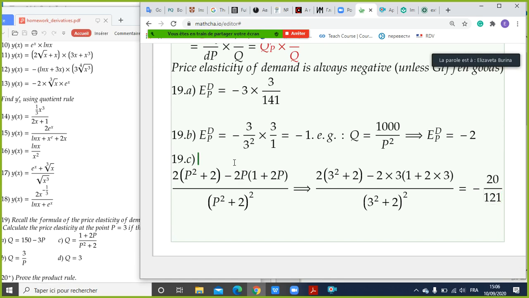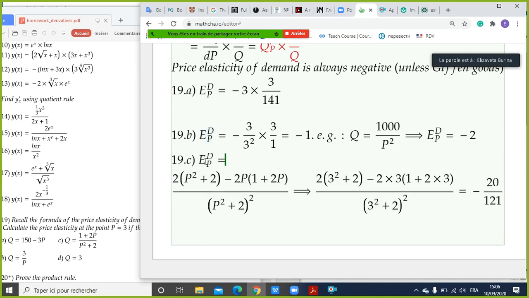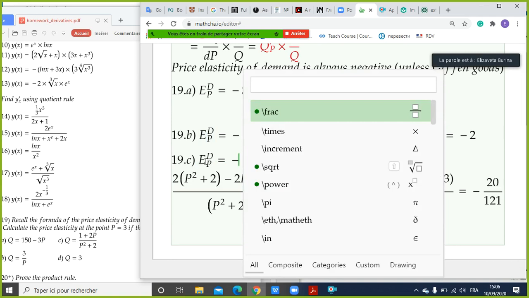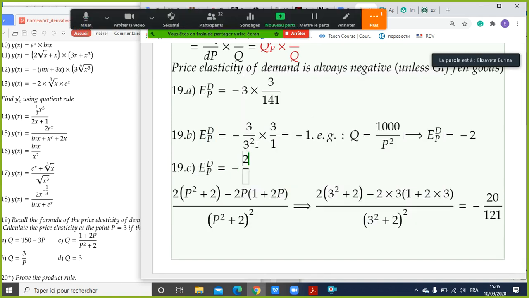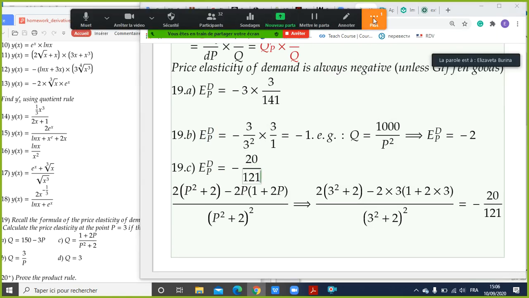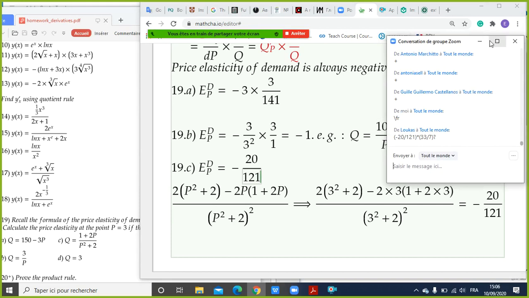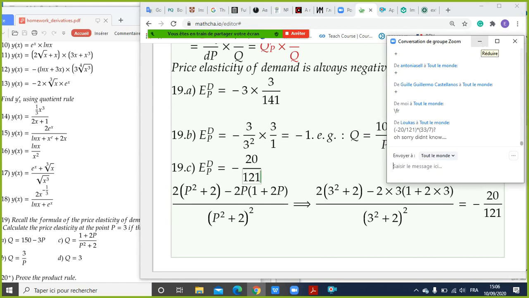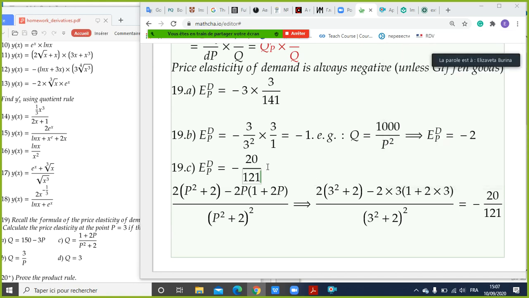Cool. So now for the elasticity. Well, easy, right? We already got the value. We have to just do the fraction of 20 over 121 times price over quantity.